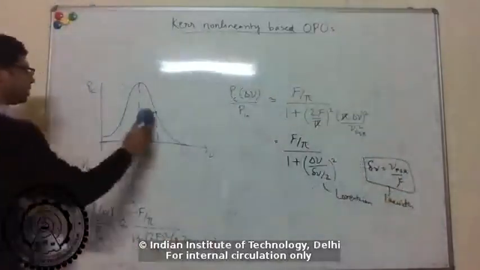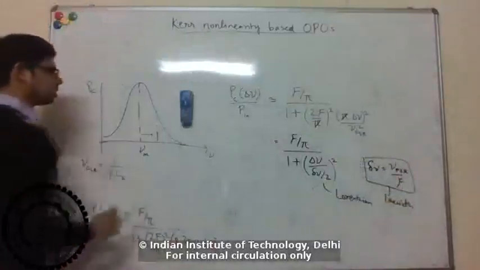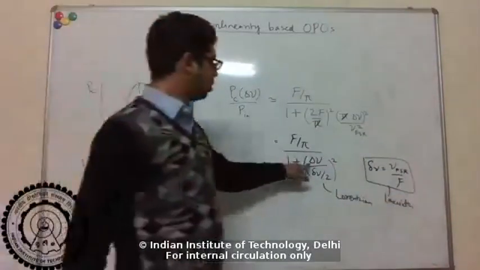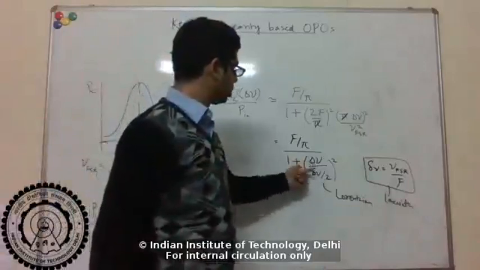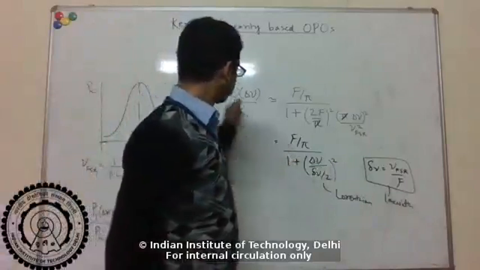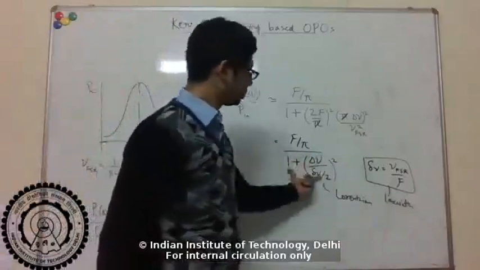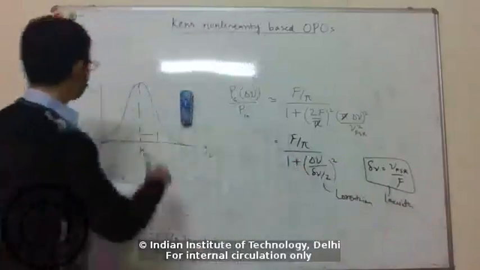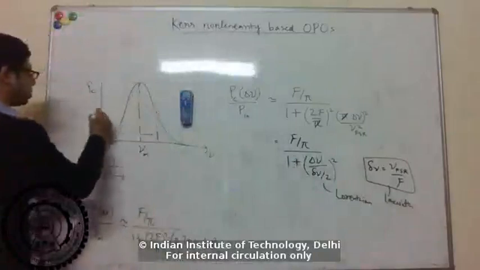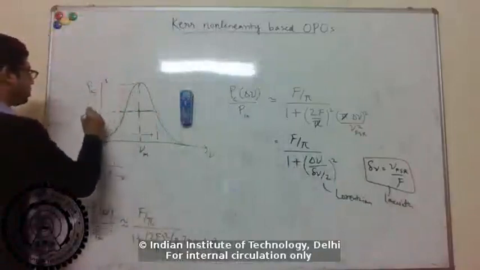Right, so basically what we are saying is, I have delta nu equal to this d nu by 2. The power enhancement in the cavity goes down by half. This becomes 1, the denominator we get 2, right? So from the peak it goes down by half. So if I look at the full width at half max, this is 1 and this is half.